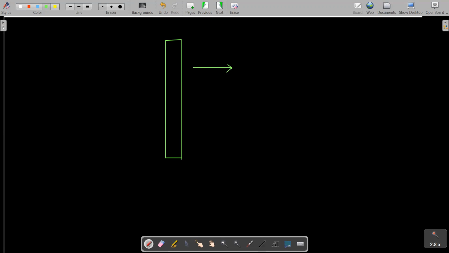The length of this rod, let us say, is L. And one more thing: it is moving into a region of magnetic field B. In this whole region we are having a magnetic field of magnitude B.